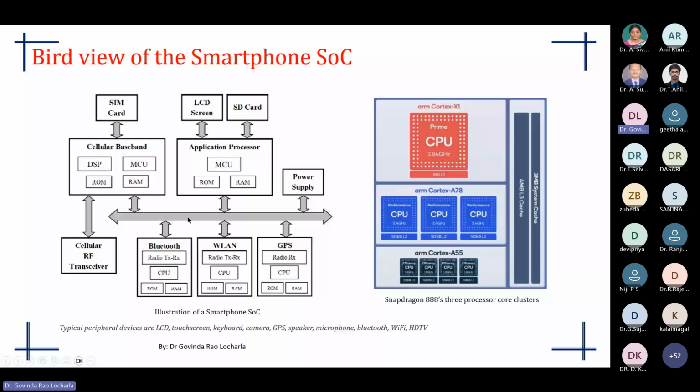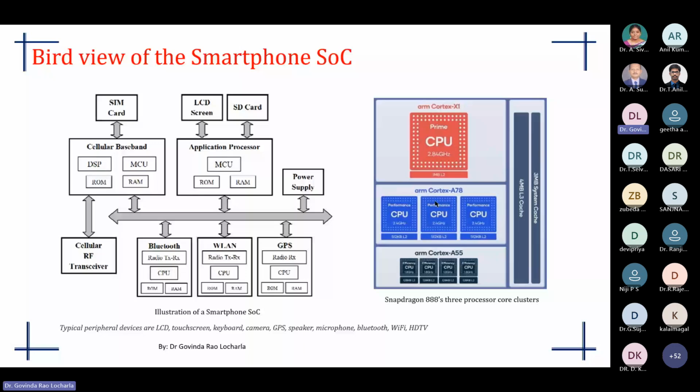On the right-hand side, the Snapdragon processor shows how it relates to RISC processors using ARM processors. From this we can understand the complexity of the circuit integration.